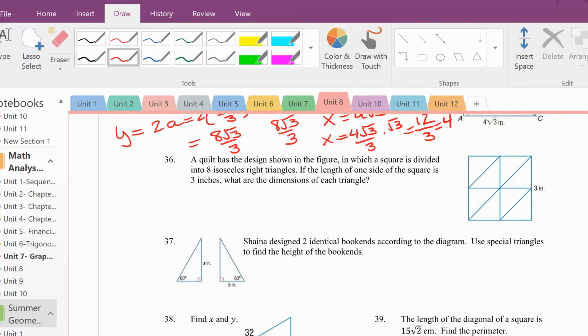All right, a quilt has the design shown in the figure in which a square is divided into 8 isosceles right triangles. Isosceles right triangle meaning 45, 45, 90. If the length of one side of the square is 3 inches, what are the dimensions of each triangle? So the one side is 3 inches, which means if you do half, that's 3 halves and 3 halves.